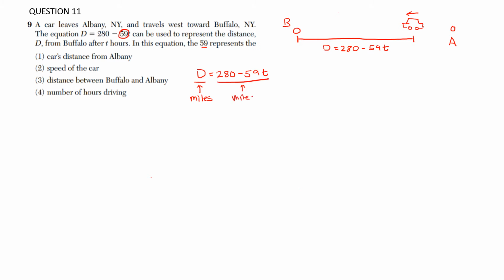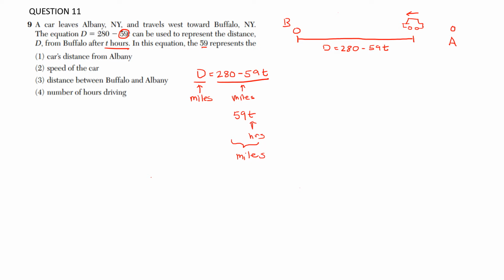Miles. Now 280 is just a constant, so let's take a closer look at this 59t term, which is what we want to find. T, the question says, is in hours. So what must 59 be to make 59t equal a unit of mile?